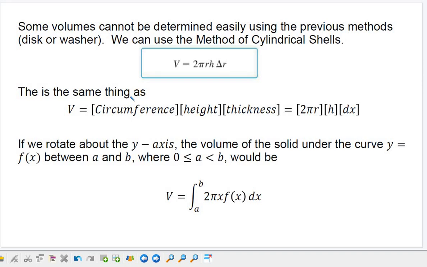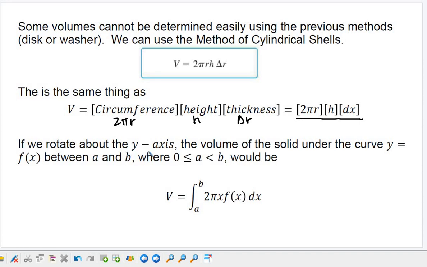So we have that volume is equal to 2 pi r times the height times the thickness. So circumference, 2 pi r, the height, and the thickness, which is 2 pi r h dx if it's in terms of x.